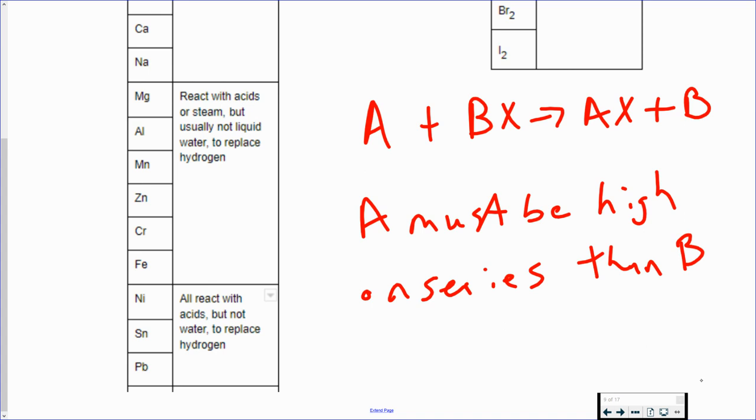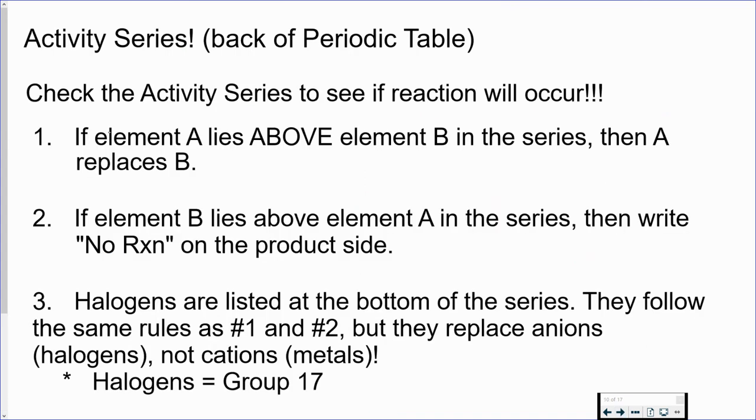So A must be higher than B in order for a reaction to occur. Right here in the notes, if element A lies above element B in the series, then A will replace B.